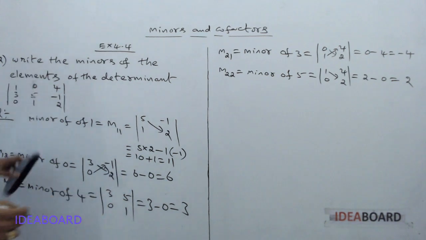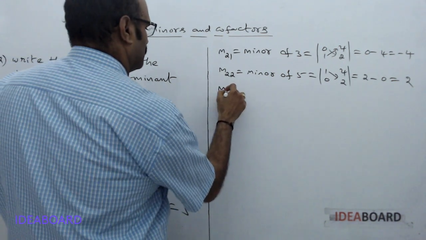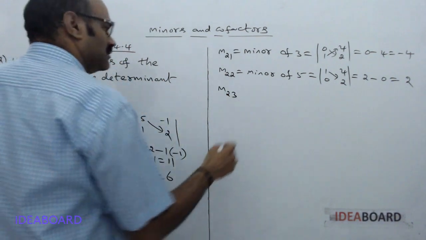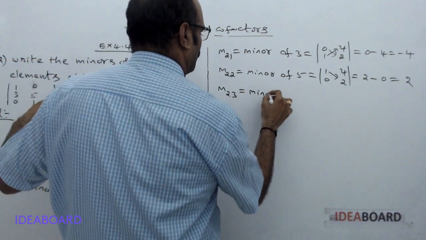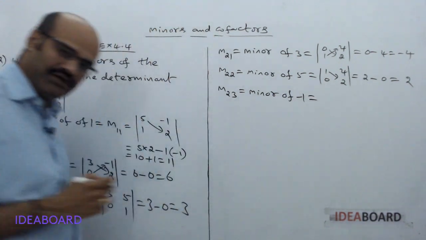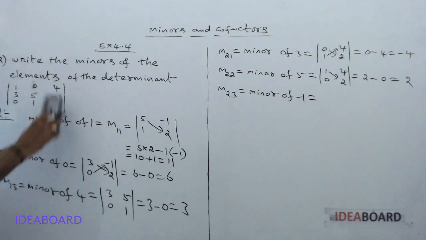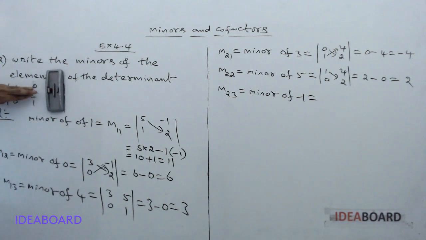Next one, we have M23 equals minor of minus 1. The element minus 1 lies in the second row and third column. Close the third column and the second row.